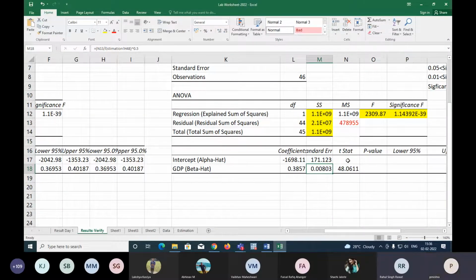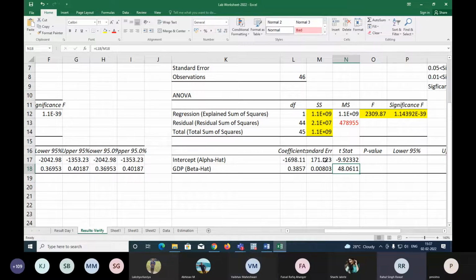And then you divide. Sir, did we change anything for alpha hat in comparison to beta hat? The standard error is different, no? Because the variance formula is different, no? Like, what was the change?